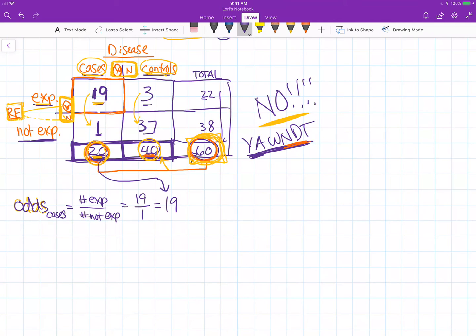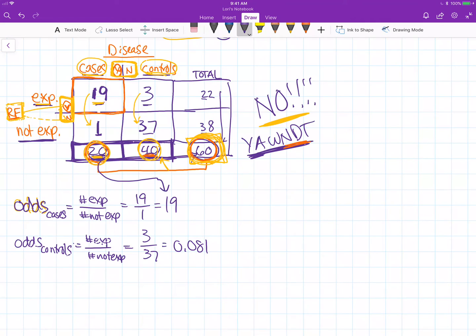Now let's calculate my odds for controls. Again, it's equal to the number exposed divided by the number not exposed, which is equal to 3 over 37, which, if you grab your calculator, it's equal to 0.081, and that repeats forever.